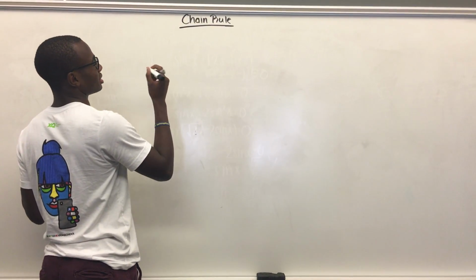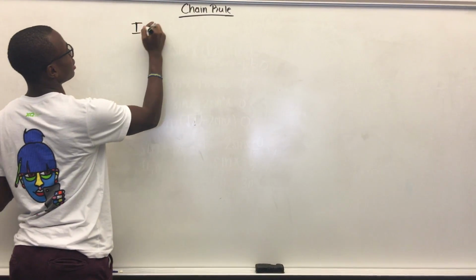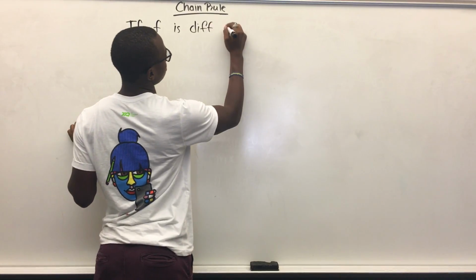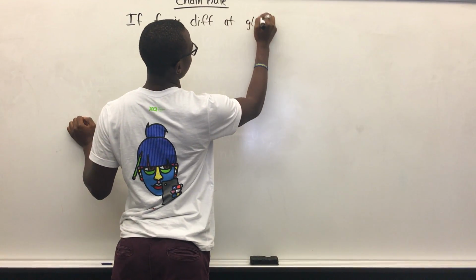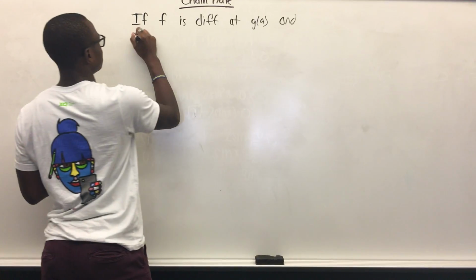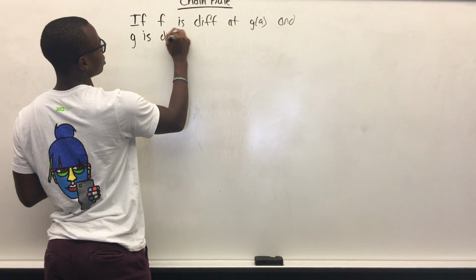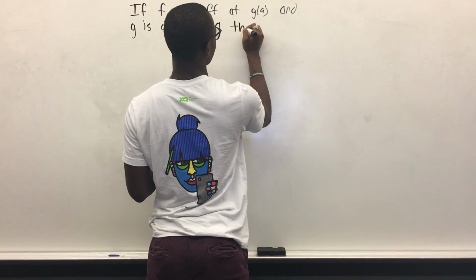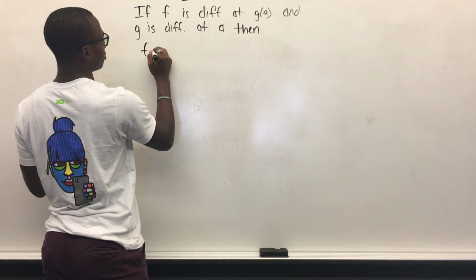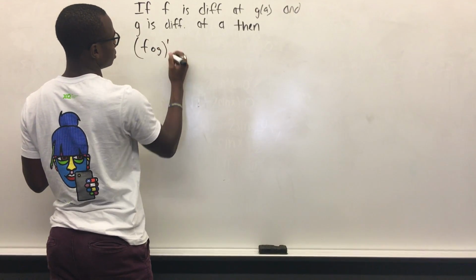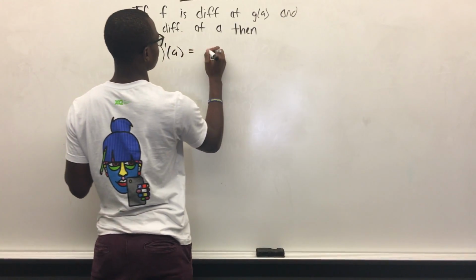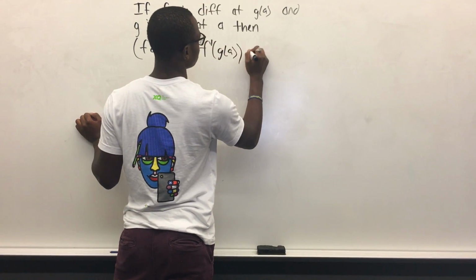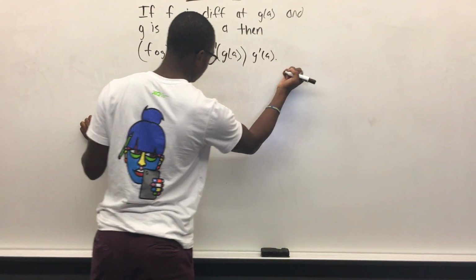Okay, so I'm going to talk about the chain rule. The chain rule states that if f is differentiable at g of a and g is differentiable at a, then the derivative of f composed with g at a is equal to f prime of g of a times g prime of a.